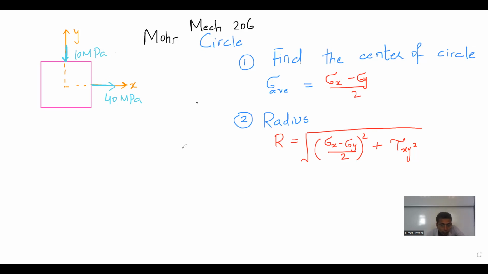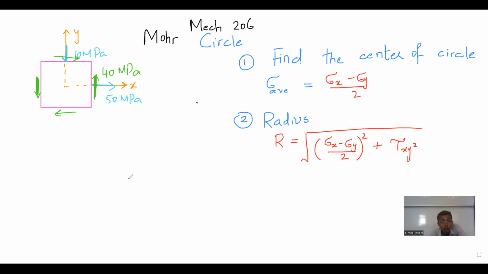I'm sorry, it's not 40, it's 50. Please correct the mistake. And the shear stresses are 40 megapascals, this should be clockwise, I suppose. Okay, so 40 megapascal shear, 50 outward, and 10 inward.